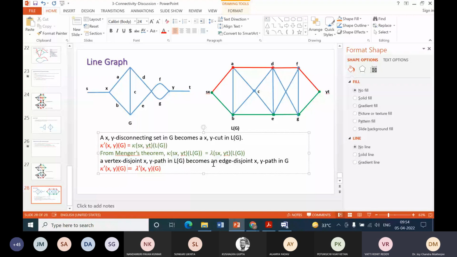Now from here I can write that lambda sx yt in LG is equal to lambda prime xy in G. So this is basically the number of vertex disjoint paths from Sx to Yt, in LG.